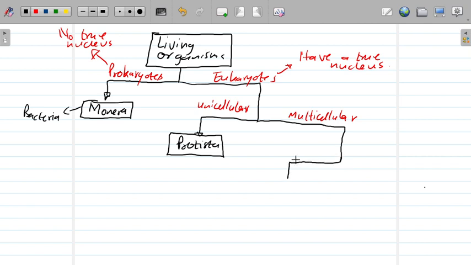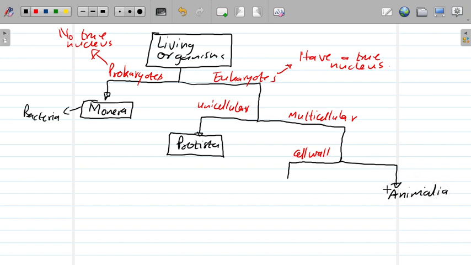Either they have a cell wall. So all organisms that are multicellular and eukaryotes and have a cell wall will be divided into another group of organisms. But if they are multicellular and they have no cell wall, we end it here. They are called animals. Kingdom Animalia.